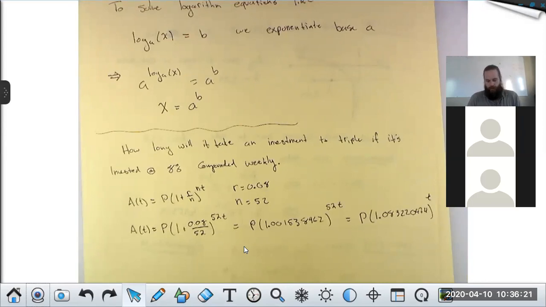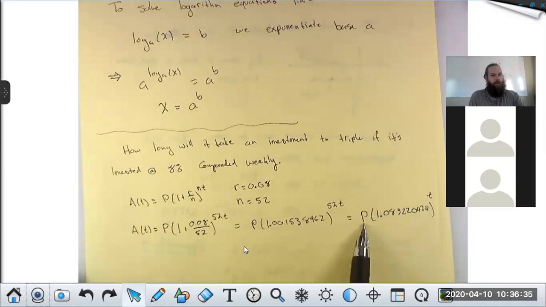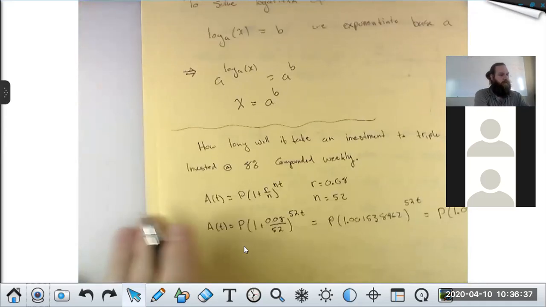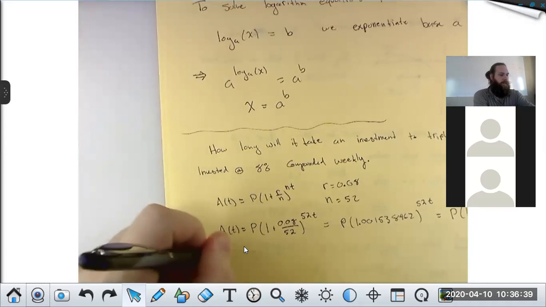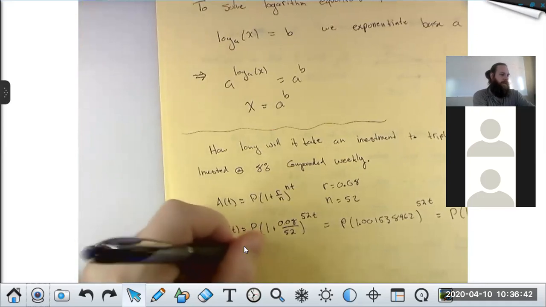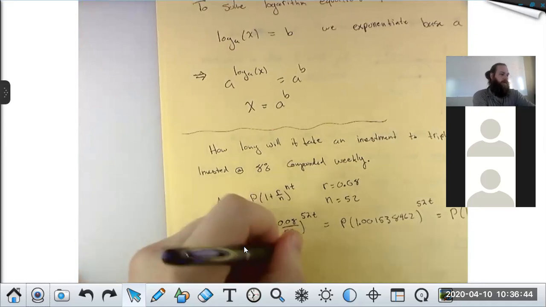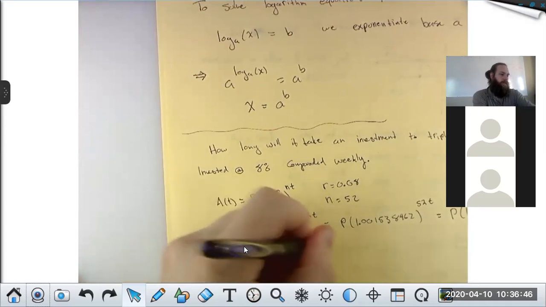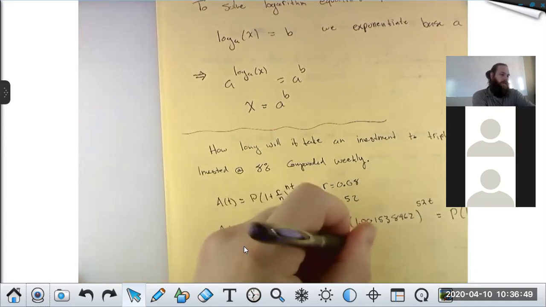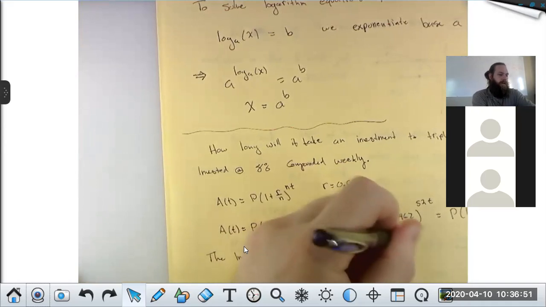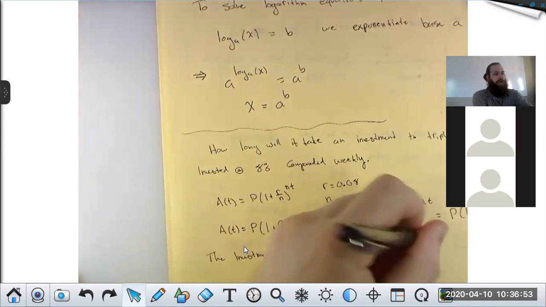So this is the sort of simplification that we did a lot of back in the compound interest section of 5.3. They want to know how long it's going to take for this investment to triple. Well, this is the value of the investment after t years. The original investment was P dollars. So the investment has tripled when A of t is equal to 3P, right?